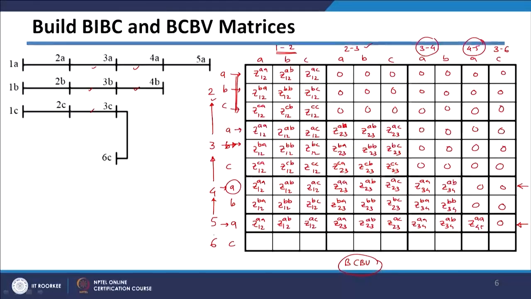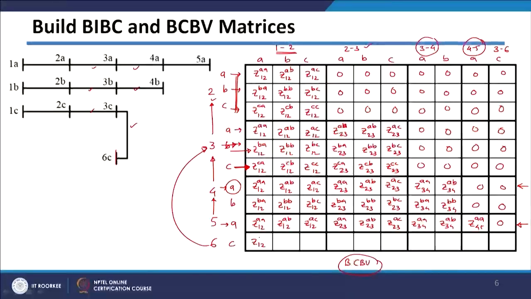Now there is no connection between 5 and 6, but there is connection between 3 and 6. So, in this case we need to copy the row corresponding to 3. However, it should actually be the C phase, because here we are getting only the C phase which is connected to the C phase of bus 6. So, copy the C phase entries of the third node here.